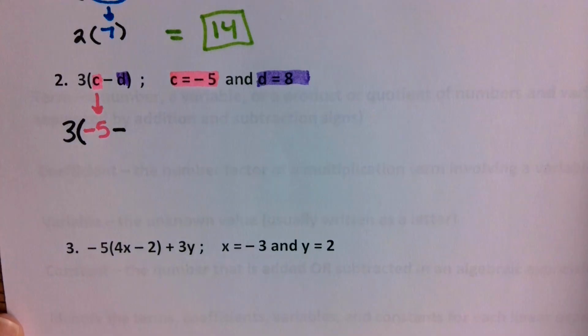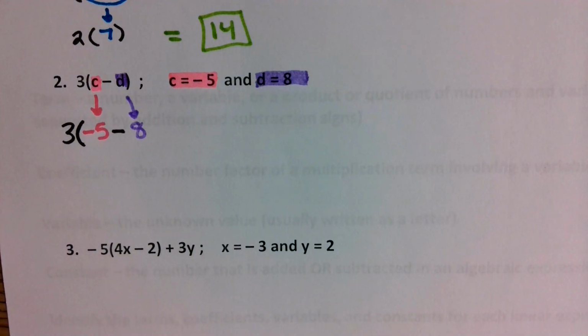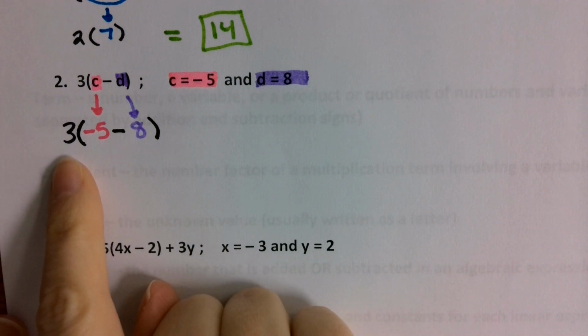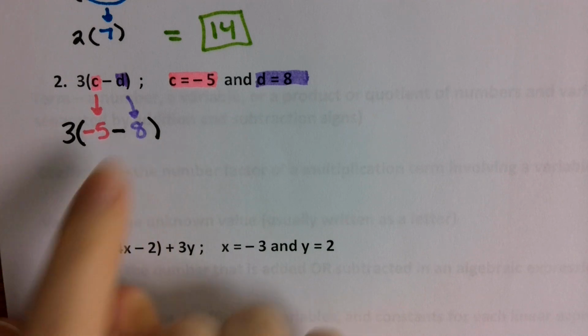Just the D. So D becomes 8. And then I've got close parentheses. So we now have the problem 3 parentheses, negative 5 minus 8, close parentheses.